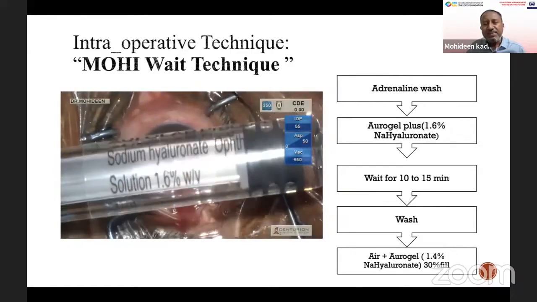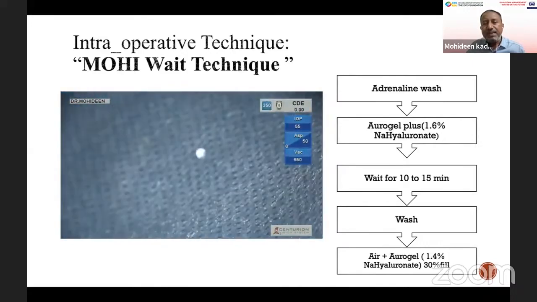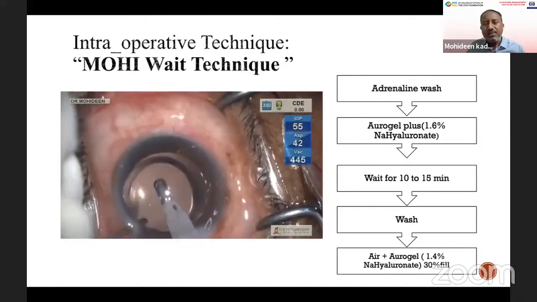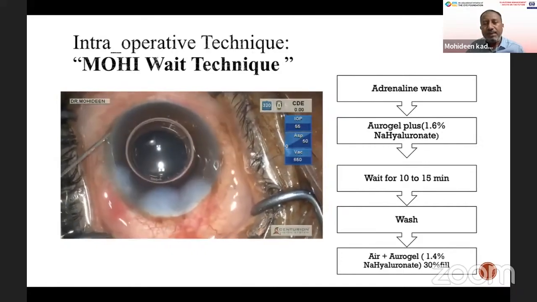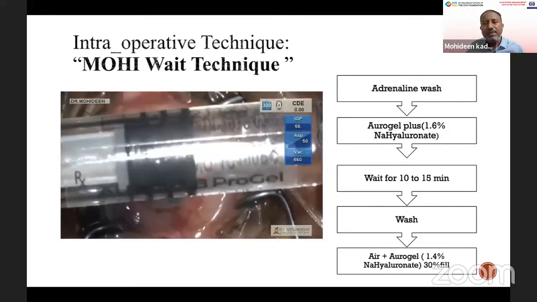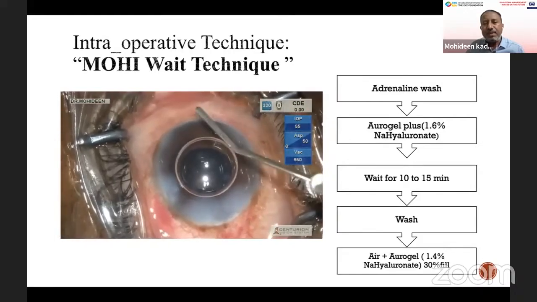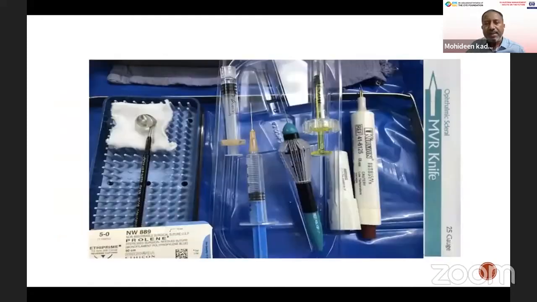I use 1.6% to fill the anterior chamber, leave it for 10 to 15 minutes. Then I come back and wash this viscoelastic again. Then I put a little bit of air bubble. Then I hydrate the wound. Then I use 1.4% sodium hyaluronate around the air bubble. I leave it around 30%. This way, our hyphema rate has come down dramatically, especially in GAD cases.